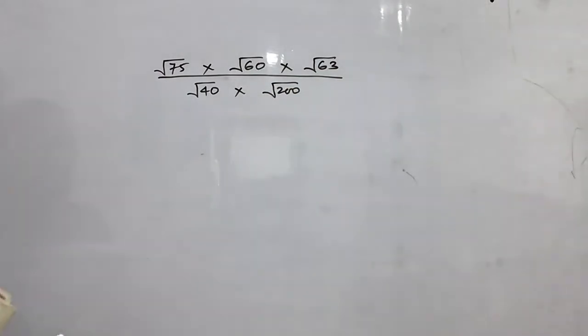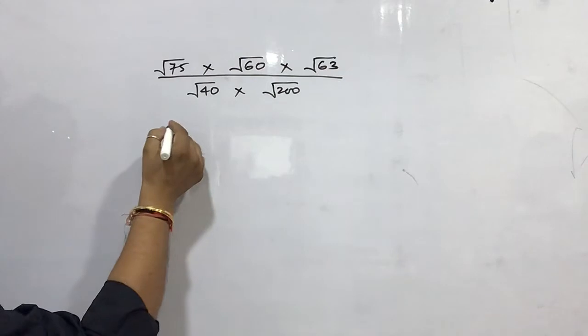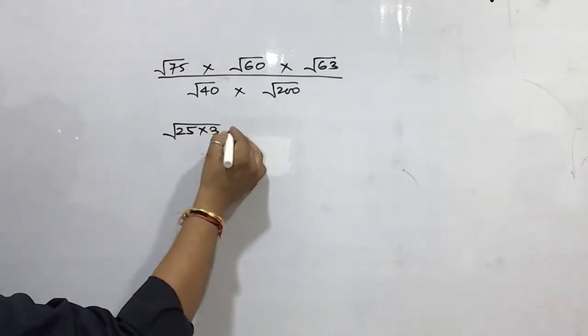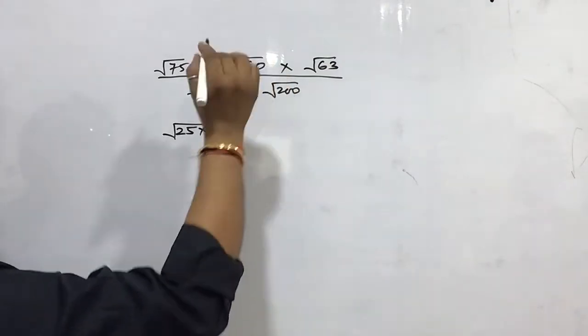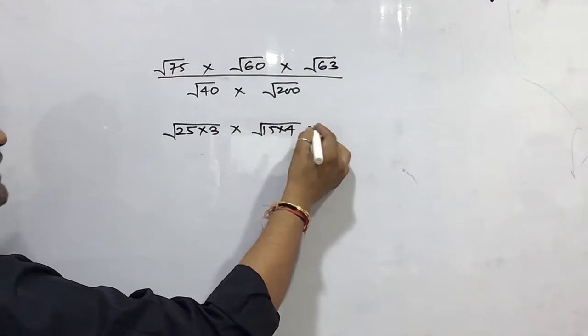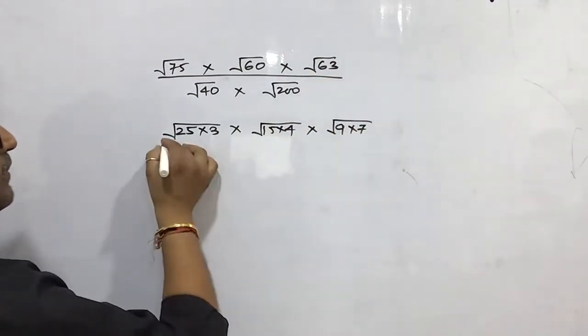So what is our main objective now? We will try to find out the factors of the given surds in such a way that we can take out some number from the square root. So we know that 75 can be written as 25 into 3, 60 can be written as 15 into 4, and 63 can be written as 9 into 7.